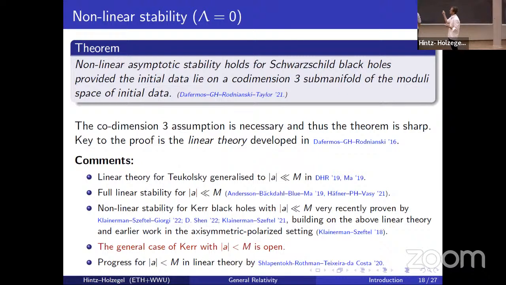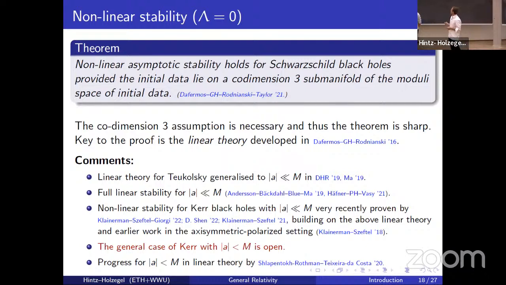In fact, we now know full linear stability statements for the very slowly rotating range, due to Anderson and collaborators, and also Peter and collaborators. We, in fact, know nonlinear stability for Kerr black holes in the very slowly rotating case, from some very recent papers by Klainerman, Szeftel, Giorgi, Shen, and Klainerman and Szeftel, which built on this Teukolsky linear theory, and also earlier work in the axisymmetric polarized setting by Klainerman and Szeftel.